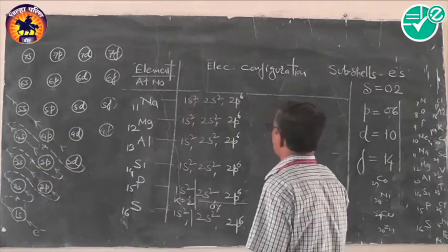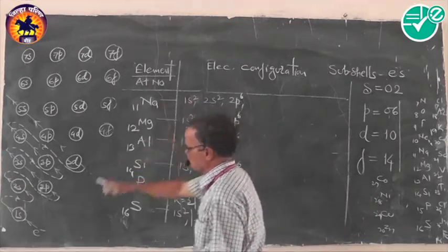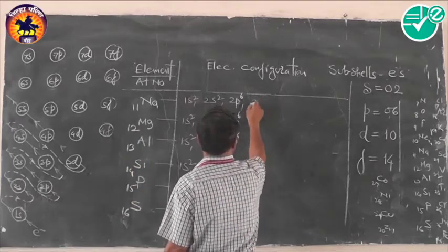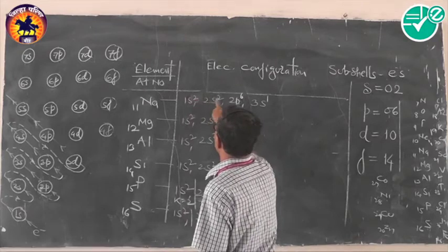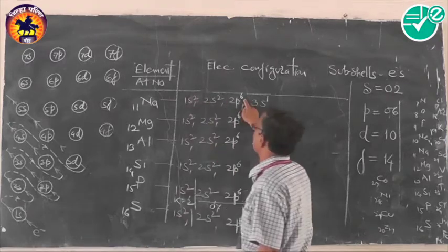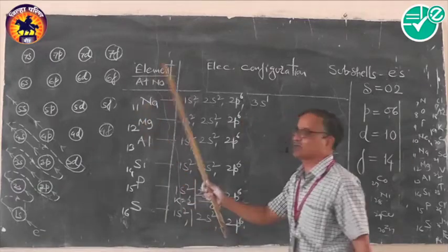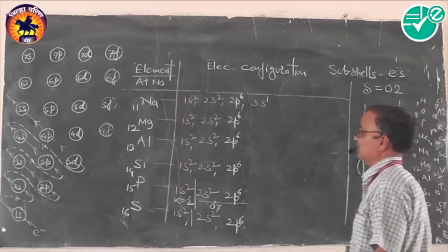Therefore, in case of sodium, the electronic configuration of sodium can be written as 1s2, 2s2, 2p6, and 3s1. Now add 2 plus 2 is equal to 4, 4 plus 6 is equal to 10, 10 plus 1, that is 11, and 11 will be the atomic number of sodium. Hence this is the correct electronic configuration of sodium.